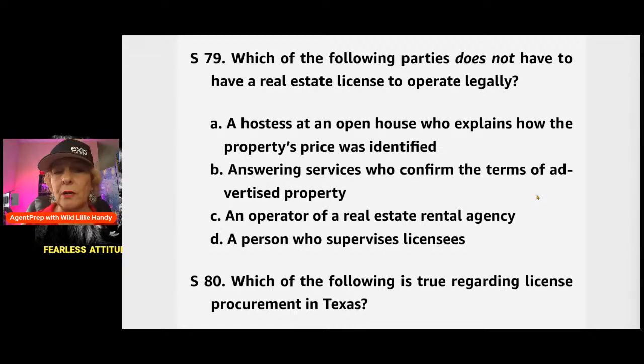C, an operator of a real estate rental agency. Or D, a person who supervises licensees. So which of the following parties does not have to have a real estate license to operate legally? And here they're referring to, it could be assistants or for sale by owner.